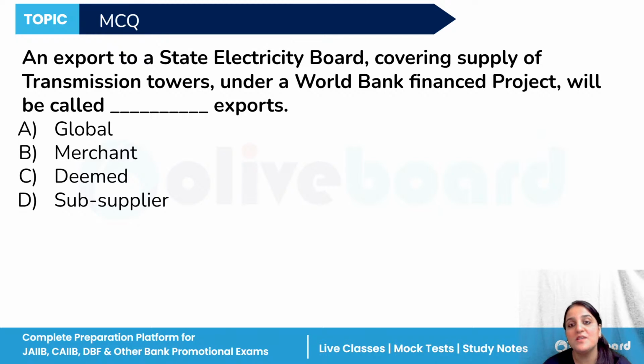An export to a state electricity board covering supply of transmission towers under a World Bank financed project will be called what here? What is the correct answer here? Tell me which answer you feel is correct.